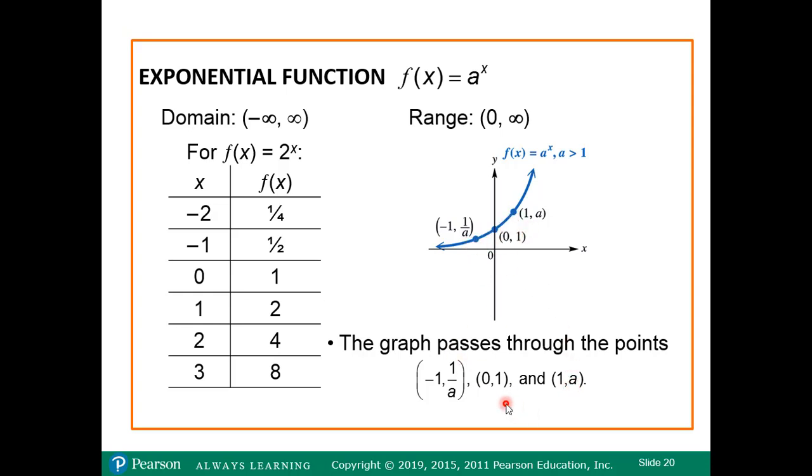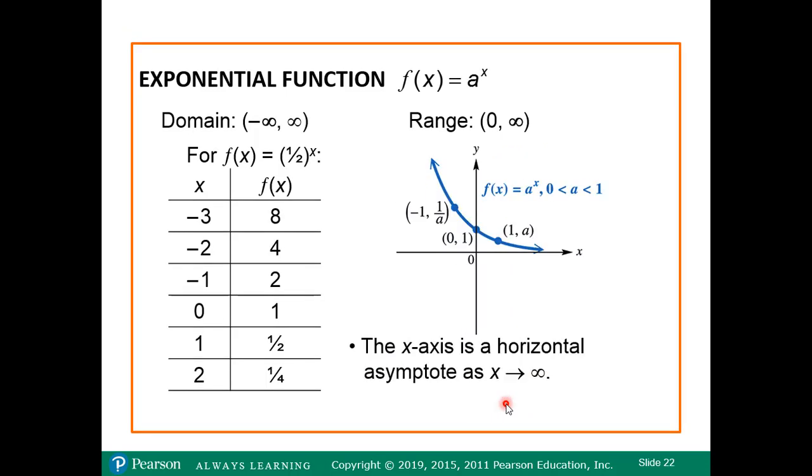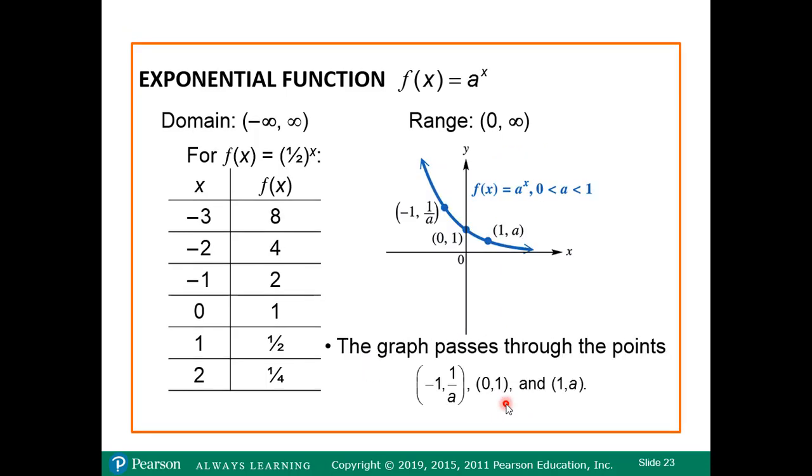Oh, hold on a second. Oh, this didn't change. No. This is wrong. These are typos. It should be -1, comma a, 0, comma 1, and this should be 1, comma 1 over a. It should be flipped.